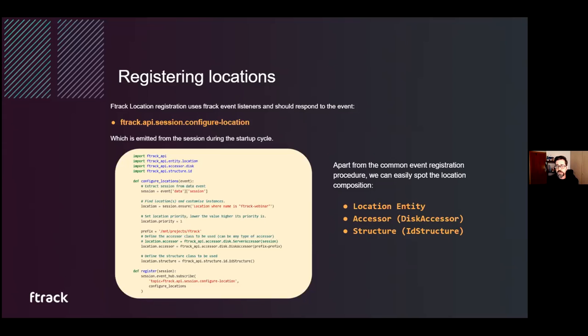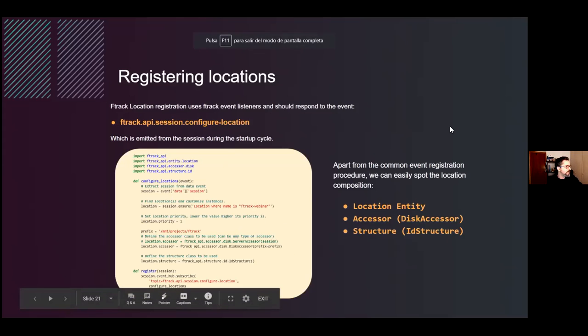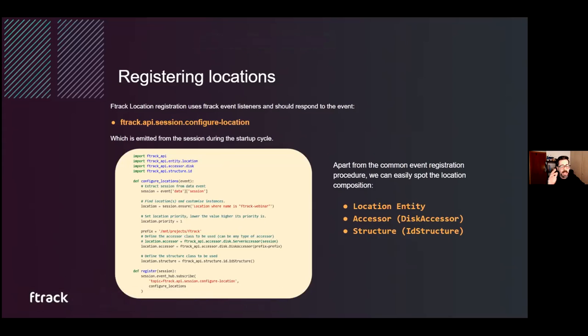There are various ways of doing that. The easy way is to extract the session from the event itself. So we pick the session, and we're going to ensure that this location exists. This is actually, I think, a mistype. I'll be fixing this. There is an example that will come later, and I will fix that there.